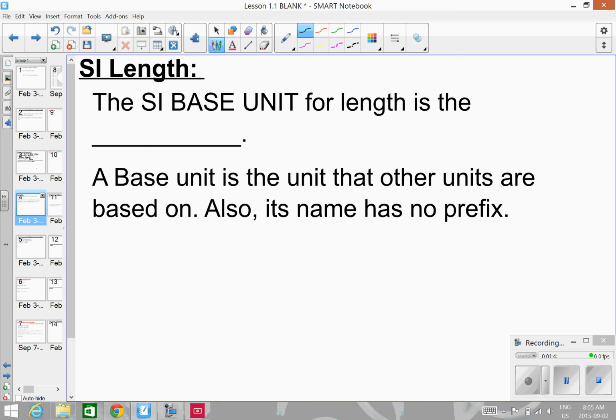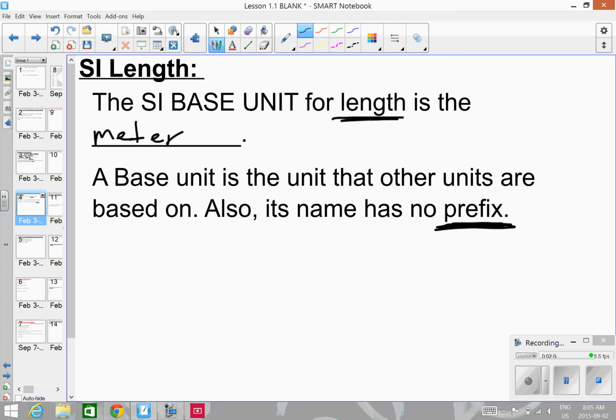The SI base unit for length is the meter. And a base unit is the unit that all other things are based off of. Also, its name has no prefix. Remember, a prefix is a thing in front of a word.